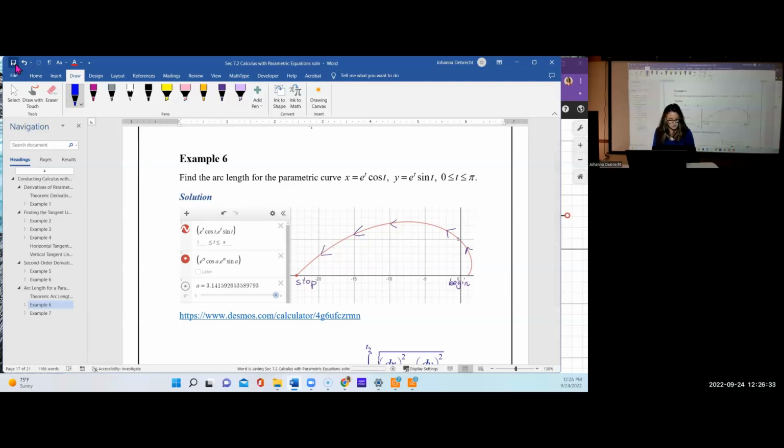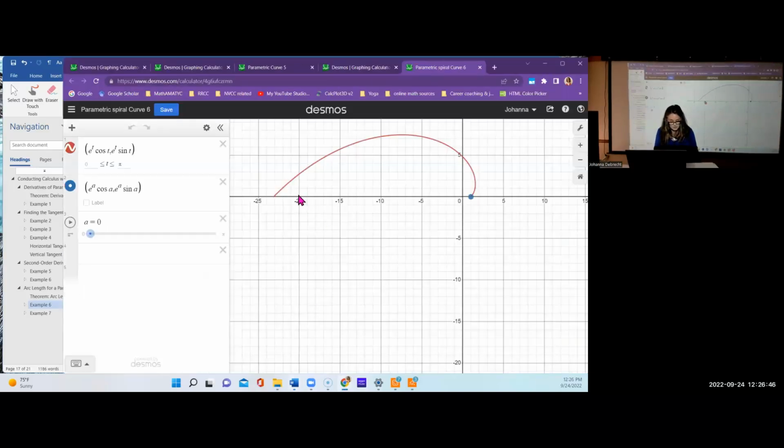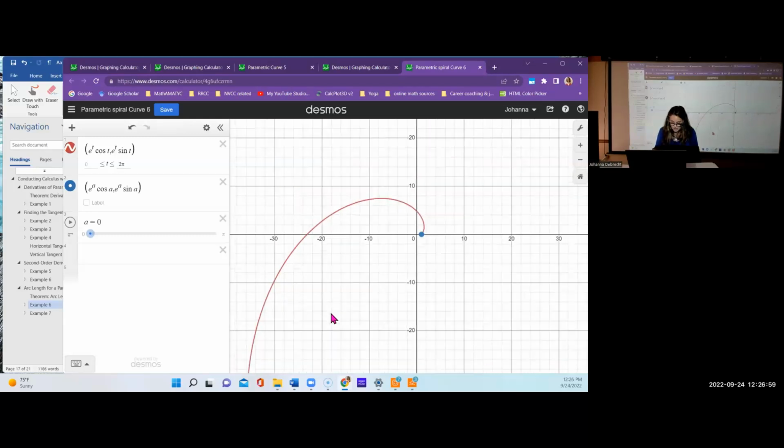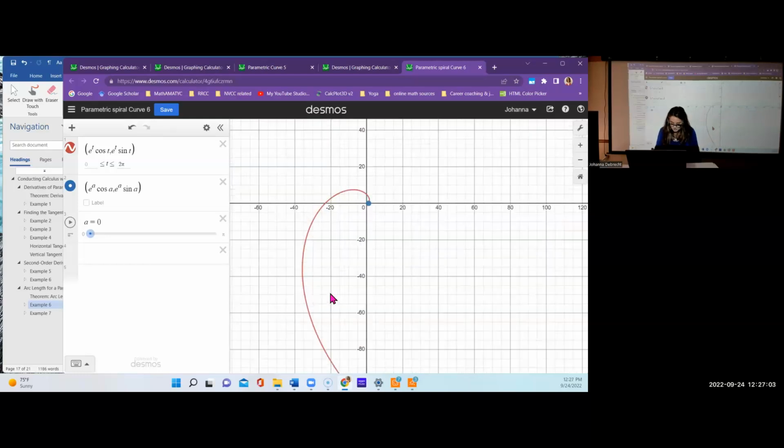If we look at the actual curve and we allowed t to go further out to the side, we would see that it actually spirals for a long distance. Okay, so let's take a look at that one. All right, so it looks like this. Now, if I wanted it to go past pi, ours only goes to pi. But if I go past pi, let's say I go to 2 pi, you can see that it starts to spiral around.